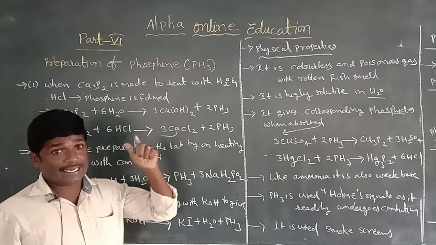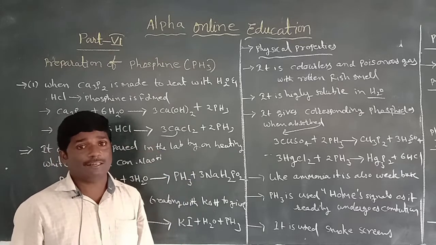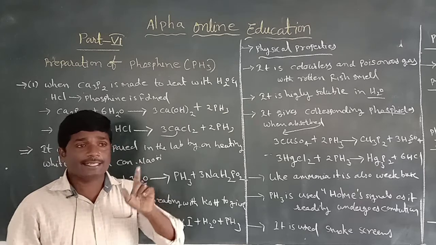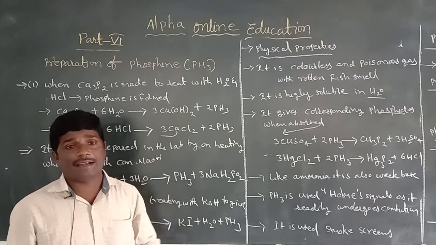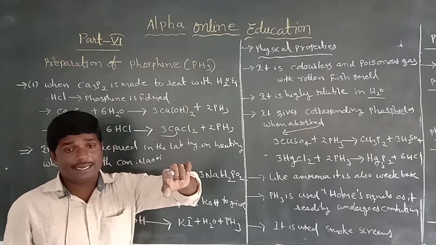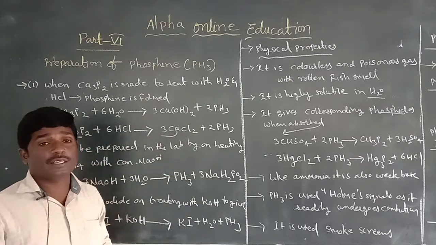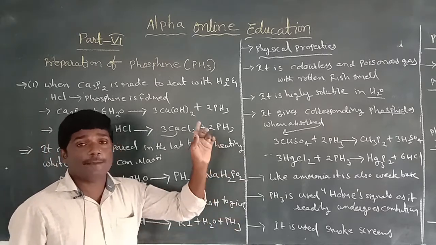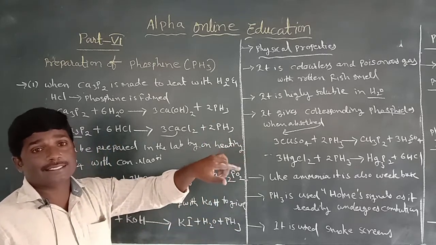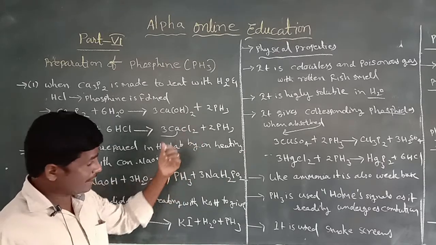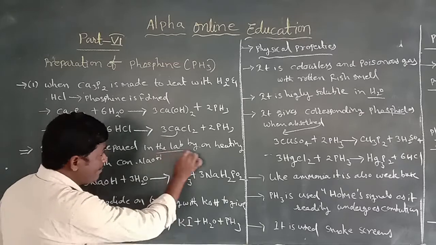White phosphorus is an allotropic form of phosphorus, as already mentioned. On heating white phosphorus with concentrated sodium hydroxide solution, phosphine and sodium hypophosphite are formed. This is the laboratory method.